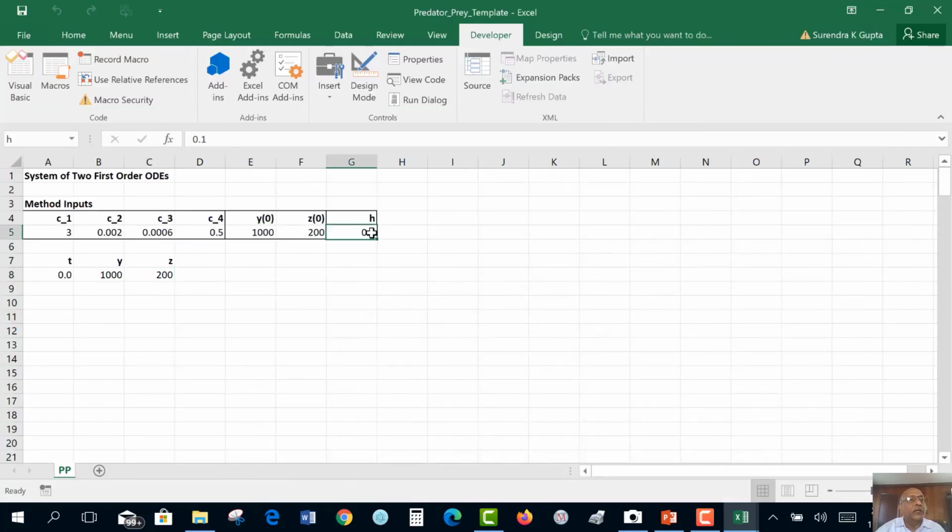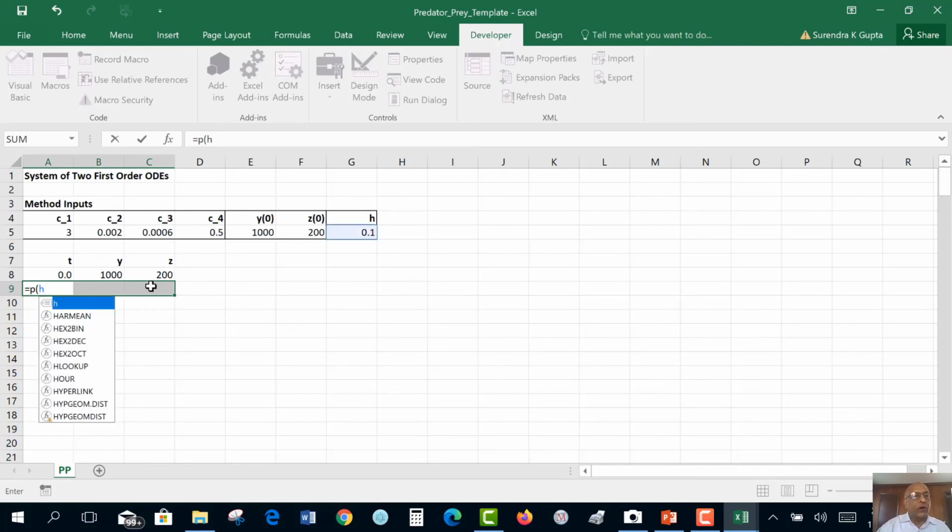So let's go ahead, make sure we have named h. So that's our h. At t equal to 0, y is y0. This is our y0. This is our z0. And now we are going to compute our function p. Give it h, comma, x, comma, y, comma, z.